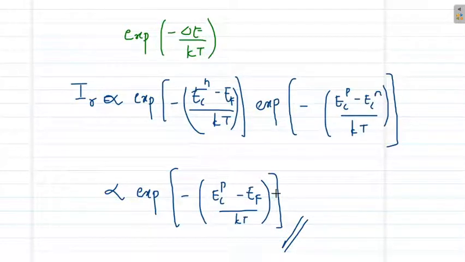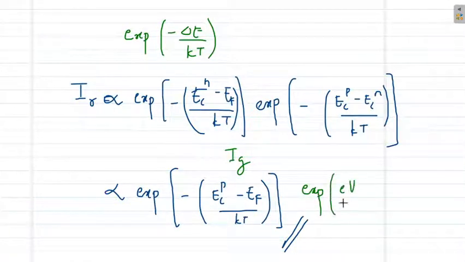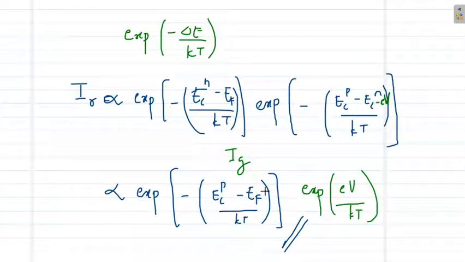Then you can cancel out terms and prove that the new IR will be exponential of minus (ECP minus EF) by kT, which is Ig, multiplied by exponential EV by kT. As an assignment, simply add a term plus EV here and subtract a term EV here, because the barrier height is now reduced, and you can see that our new equation for IR will be Ig into exponential EV by kT.